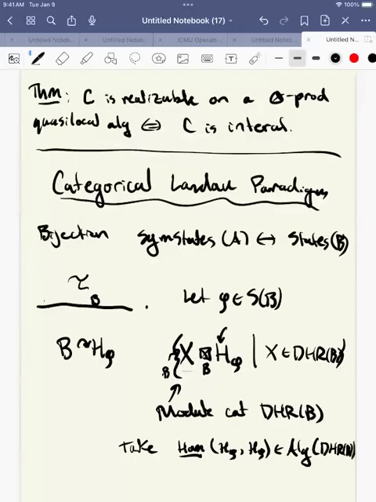And now I can say, okay, well, I'm going to declare such a state to be gapped. Saying the word gapped is a little loaded here when I don't have a Hamiltonian. What do you mean by gapped state? What I actually mean is that this is a topological state. It's a topological boundary condition, again, if this algebra is Lagrangian. So this is, again, a definition, but phi is topological.